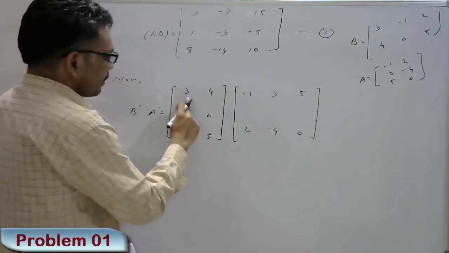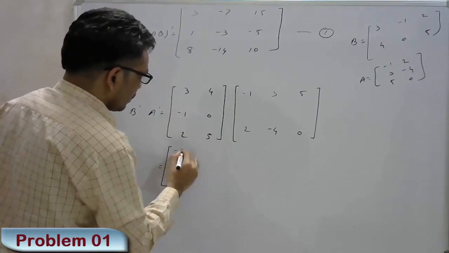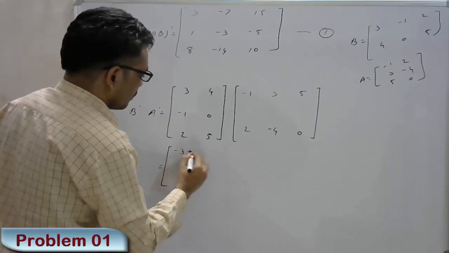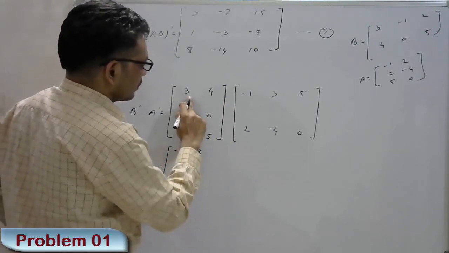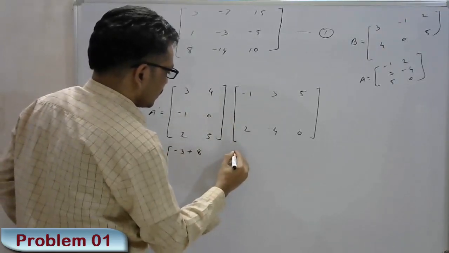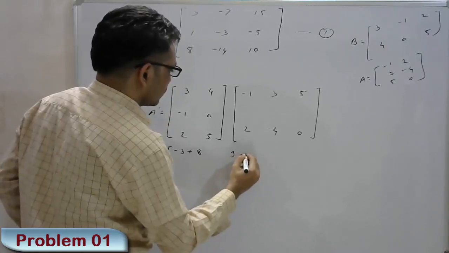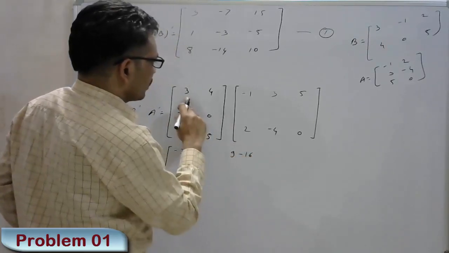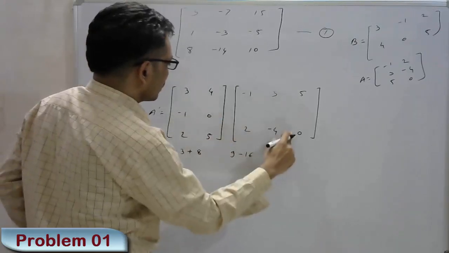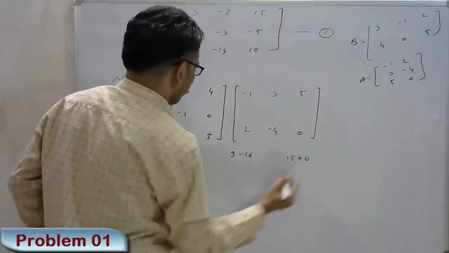Now we multiply the first row by its first column. That is minus 3 plus 8. First row, second column: 9 minus 16. First row, third column: 15 plus 0.